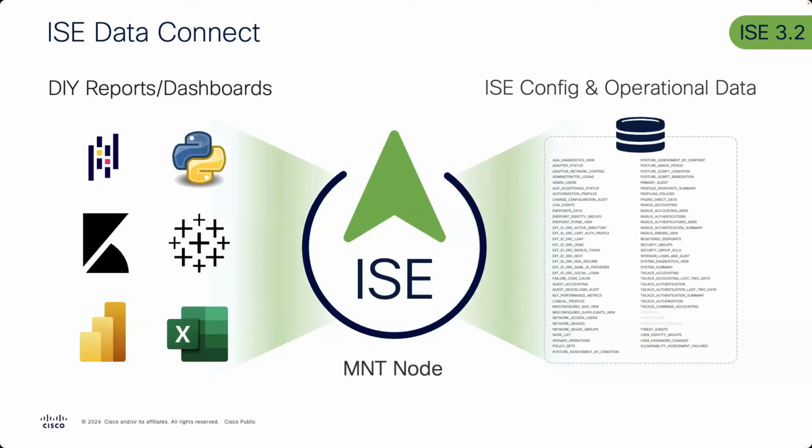So you can connect any ODBC client into ISE to the MNT node, and you can run queries against read-only views of the database, the raw ISE database. It's awesome. Again, read-only, and there's a limited number of views. You can't see everything in there, but you do have access to these things.